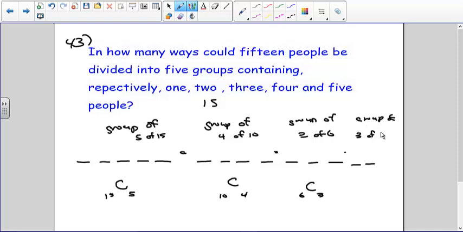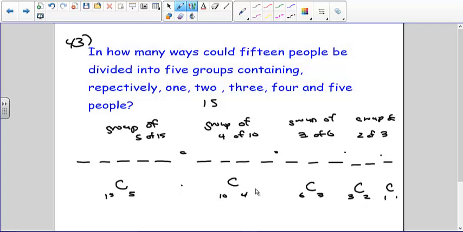A group of 2. So this is our group of 3, and this is our group of 2 out of 3 people. And then you're going to have 1 person left over. So we got 3 left, we're picking 2 people. And the final one is we have 1 person and we pick 1 person.